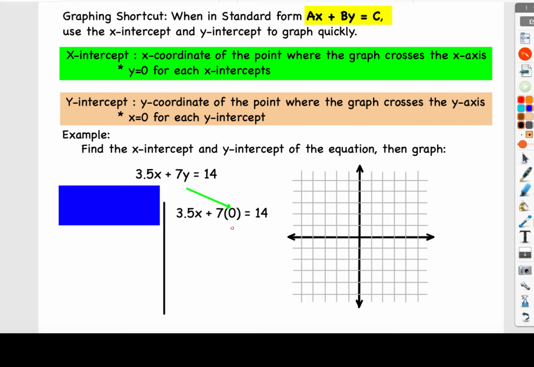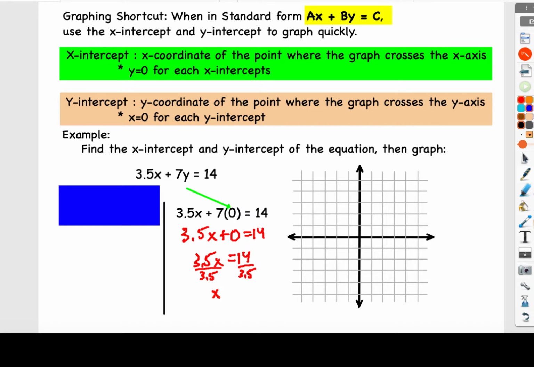The nice part about plugging in 0, what makes it so simple, is that 7 times 0 is 0, and 3.5x plus 0 is really just 3.5x. So a simple solve, if we're multiplying by 3.5 right now, 3.5 times x divided by 3.5. Again, we'll divide both sides.